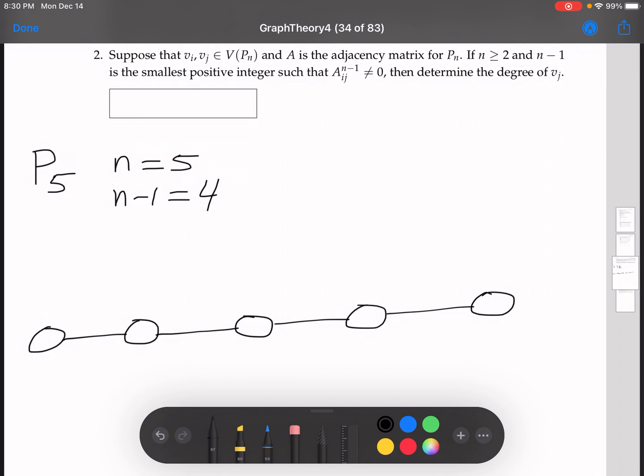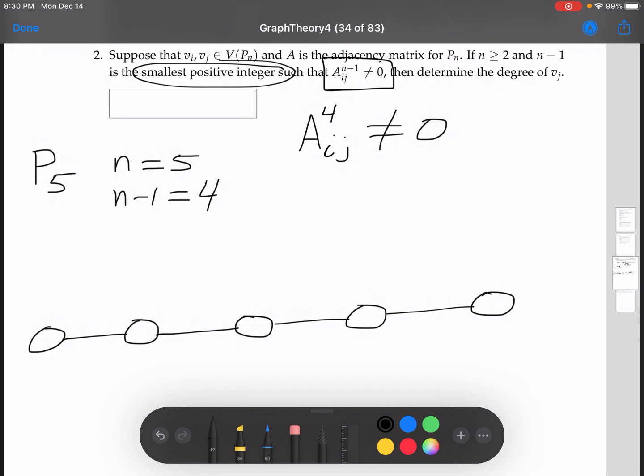So what this whole thing means is that the ij entry of A to the 4th is not 0.